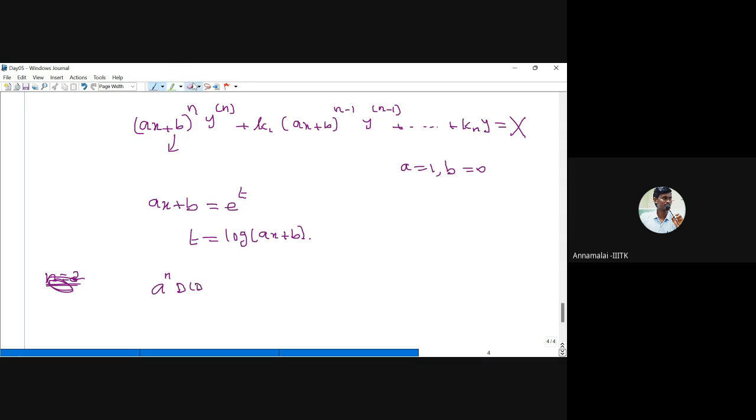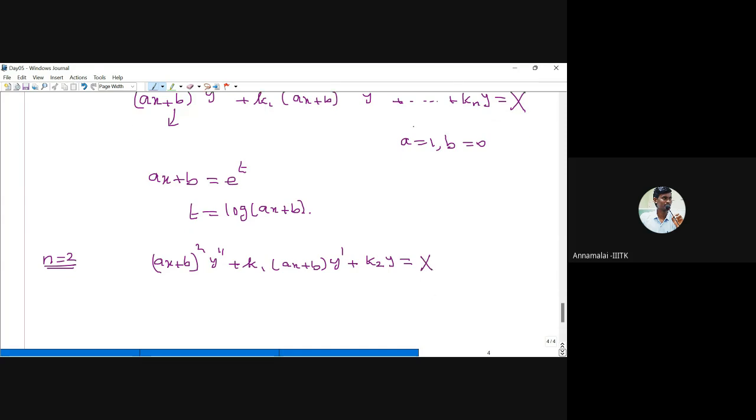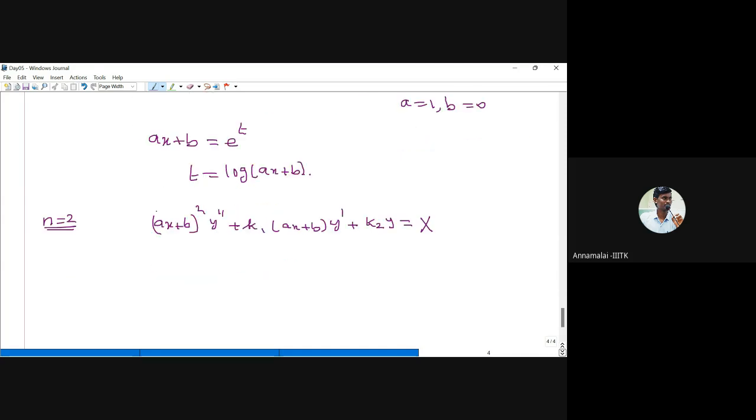Better we take n equal to 2 so that you can easily understand. After this substitution, the given equation reduces to an equation with constant coefficients. So suppose you have the equation ax plus b whole square into y double dash plus some constant k1 times ax plus b times y dash plus some other constant k2 into y equal to some function of x. You have to substitute ax plus b equal to e power t.